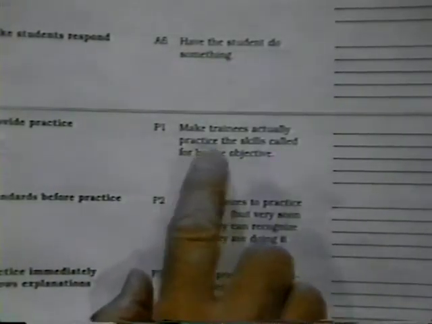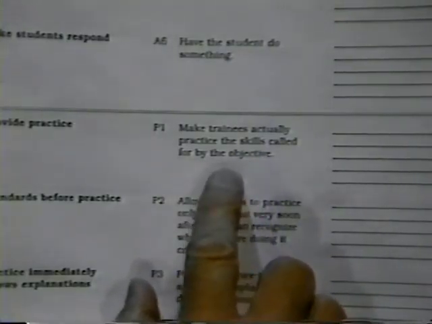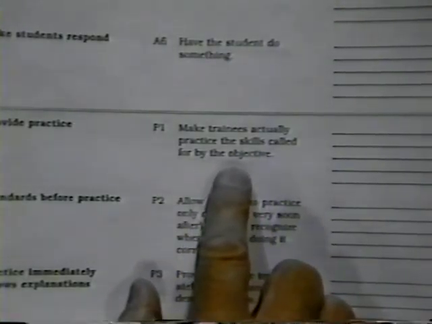So for this application rule, make trainees actually practice the skills called for by the objective was correctly applied insofar as performing statistics was concerned, but it was incorrectly applied insofar as being able to select statistics. We didn't get the kind of practice that we needed.